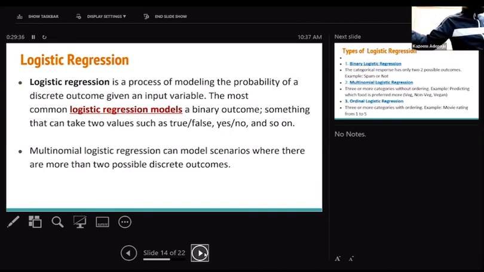How many levels is that? 4. A situation where you have more than 2 levels, we're going to call that multinomial. When the outcome variable is 2 levels, we're going to call that binary logistic.